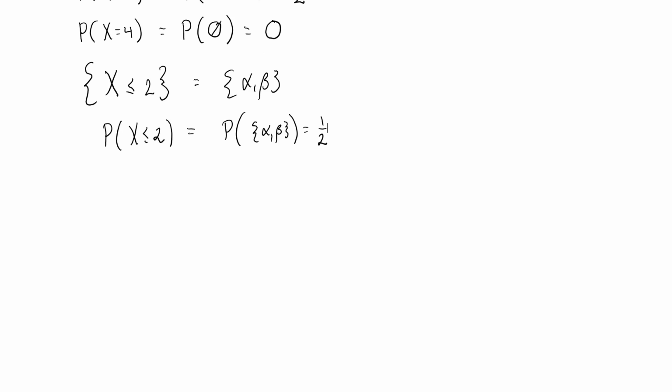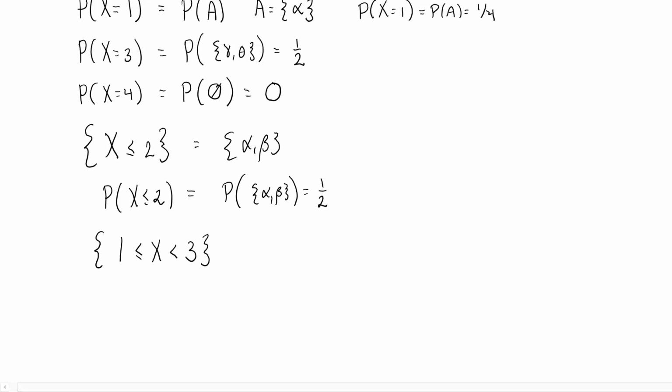As a final example, we can also do events where the random variable is bounded from below as well as from above. So I can do something like {1 ≤ X < 3}. To figure out what this event is, just go back and see which outcomes are mapped into this interval.